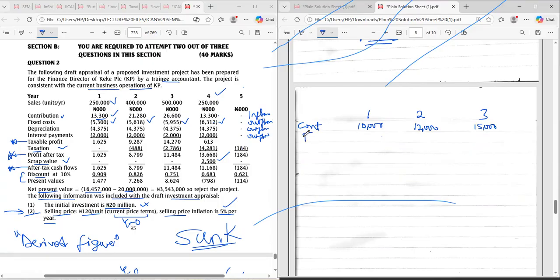Then we have fixed cost: 1,000, 2,000, 3,000. Then there was depreciation here, let's make it simple: 1,000, 2,000, 3,000. So give me figures for this, please.